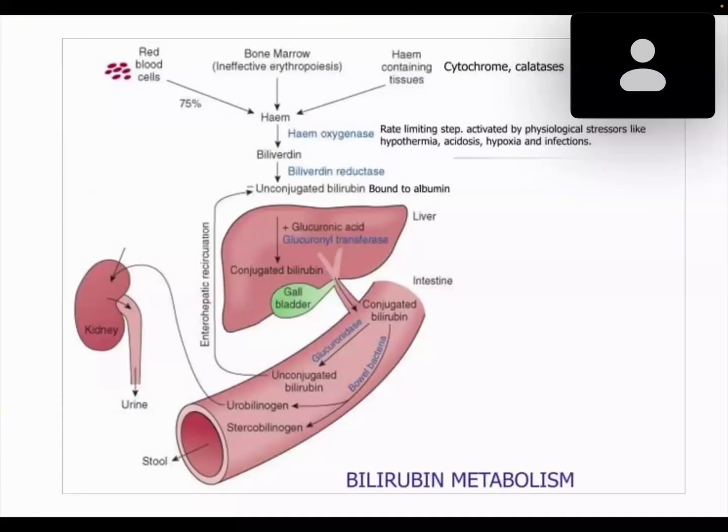The liver is a major part of the body that helps with the breakdown of this bilirubin that is gotten from red blood cells. There are some other enzymes that function in this process of breakdown. But the liver here is the major component, and like I said earlier, it's not that it's absent in term babies, those who are born after 37 weeks.